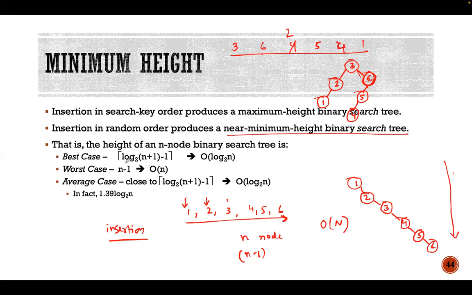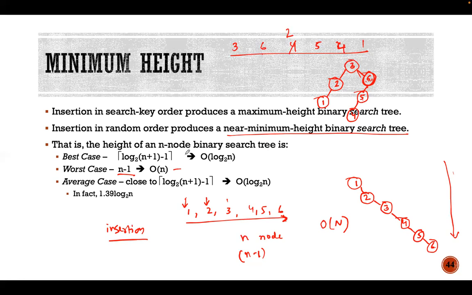That doesn't guarantee the minimum height, but it can produce a near minimum height tree. A near minimum height binary search tree has height logarithmic in n, so this will be the best case, and all of the operations are going to be order of log n. But in the worst case, the height can be n minus 1, which means all of the operations can be linear, order of n.